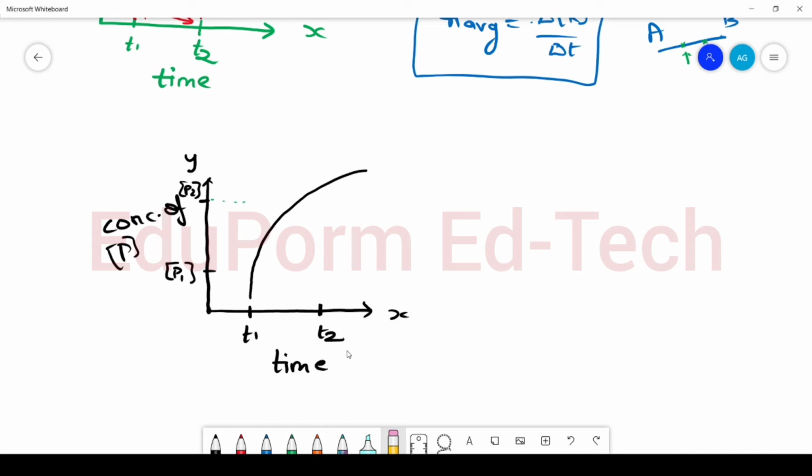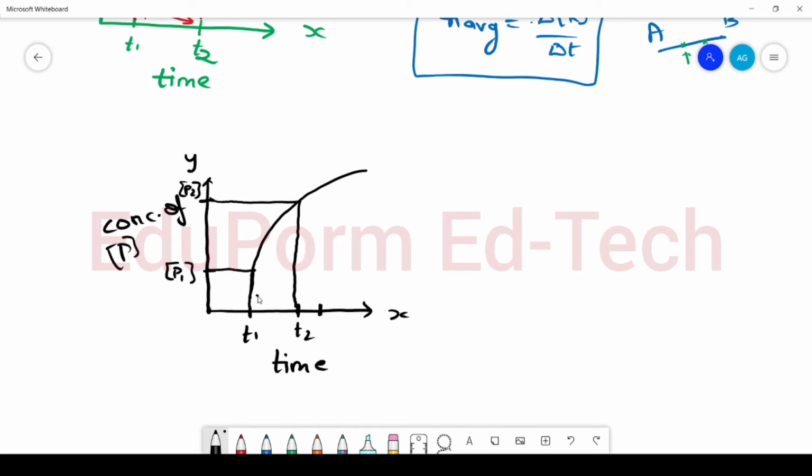So let me draw it again. Let's draw T2 a little nearer. This is P2 at the time T2, and this is P1 at the time T1.